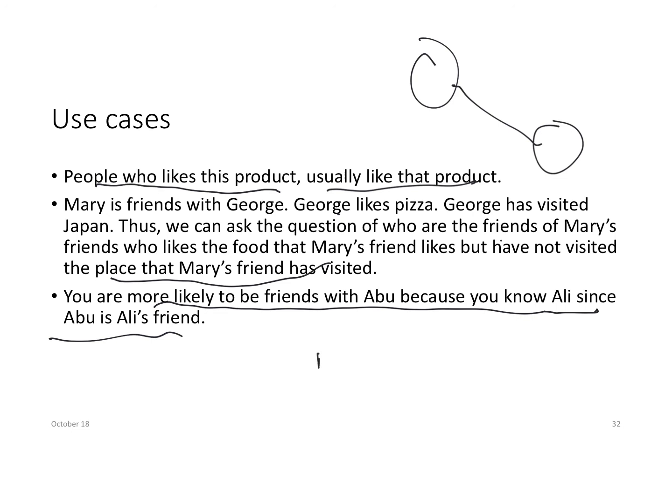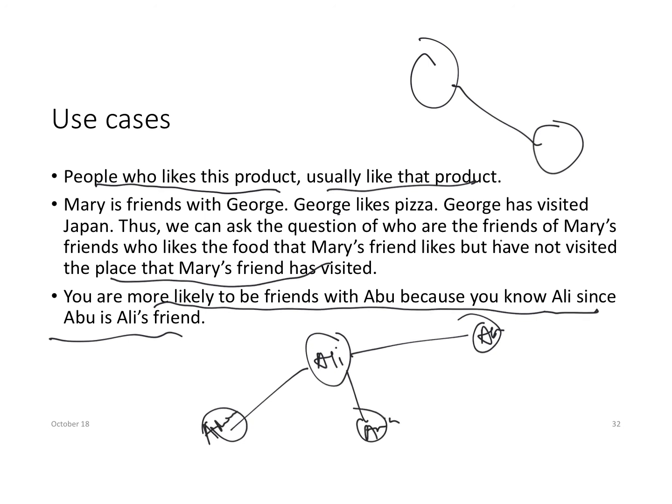For example here we have Ali. Ali has a lot of friends, for example Abu, Amin, and then we have Aminah. Aminah is a friend with Ahmad. So we want to show a relationship: Ali might have a relationship with Ahmad because of Aminah.